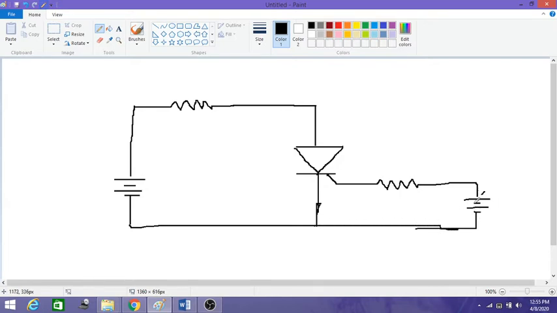Here this is the gate voltage, and this is the current which is entering here, the gate current, so this is IG, this is anode, and this is cathode. This might be a current limiting resistor, and this is VAK, the anode to cathode voltage.